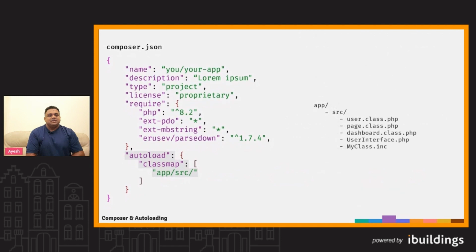So here we have class PHP files with multiple naming conventions that Composer can scan, all of these PHP files and also .inc files, to figure out which files have PHP classes, interfaces, traits, enums, everything, and it will have a list. So Composer is really smart, really flexible, and it saves you tons of time.